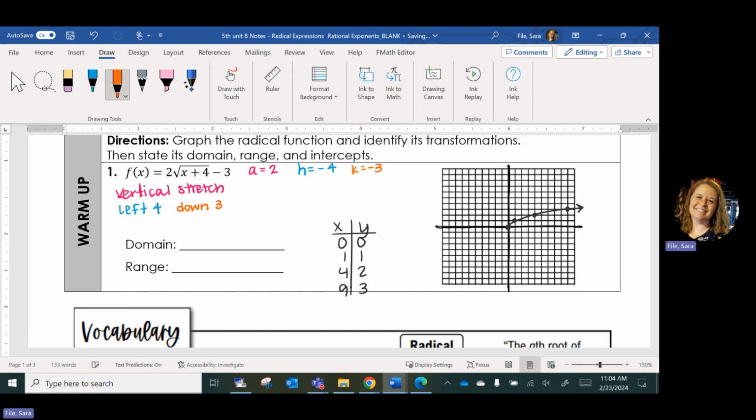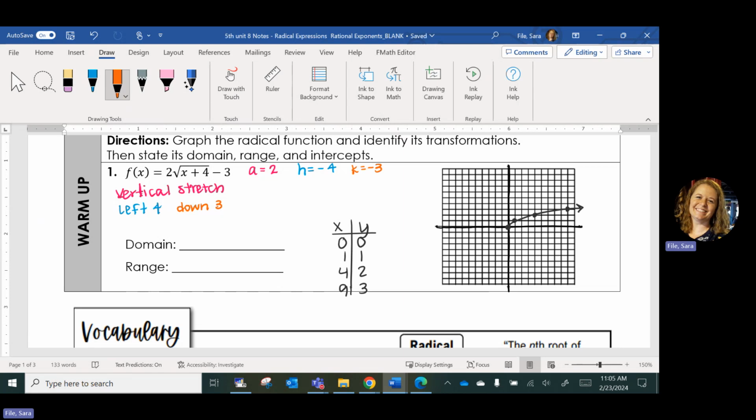Now in yesterday's notes, we did examples with shifts left and right and up and down, and we even did a reflection, but we did not have an example that had a stretch or compression. Now we did stretches and compressions last unit with quadratics, but in yesterday's notes about square roots, there wasn't a stretch or compression.